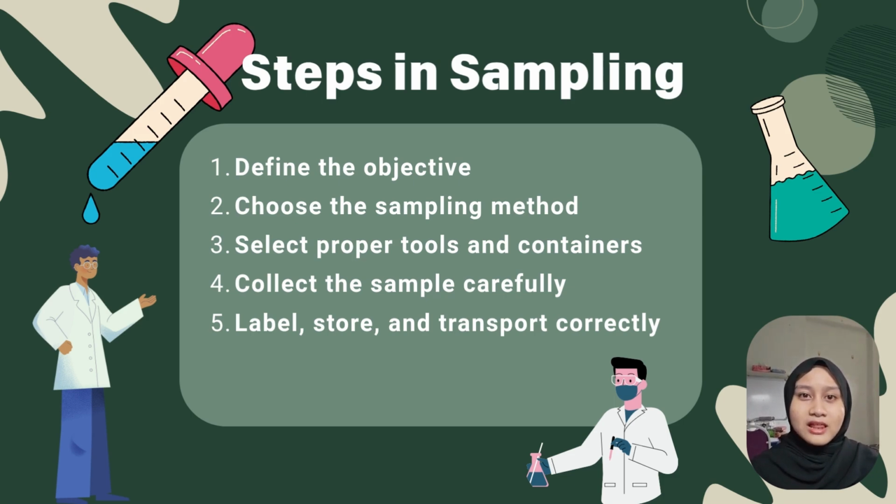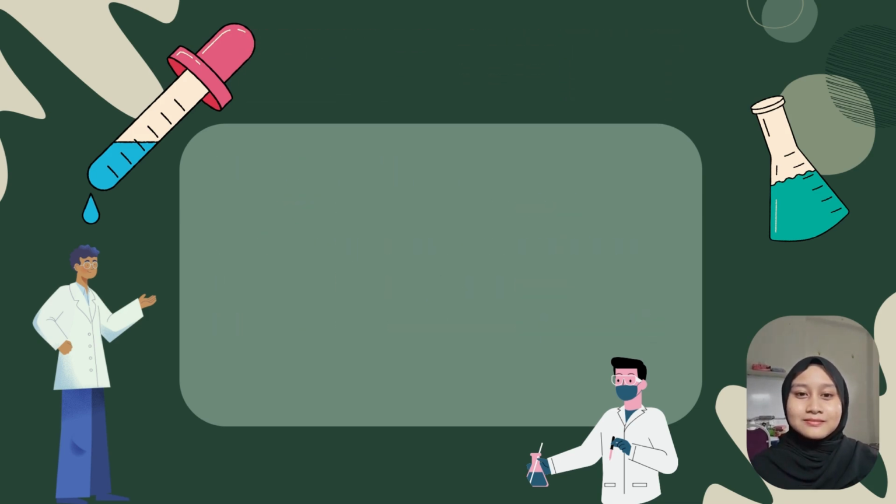Third, we select proper tools and containers that are clean and suitable for the material. Fourth, we collect the sample carefully, making sure it represents the whole batch. Finally, we label, store, and transport the sample correctly to keep it safe and ready for analysis.